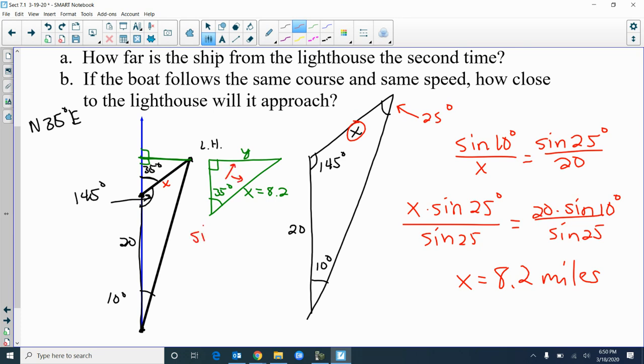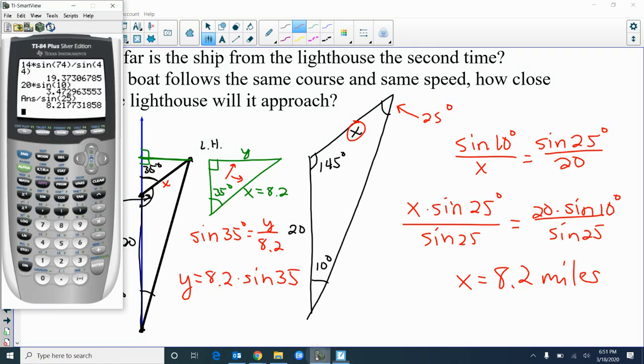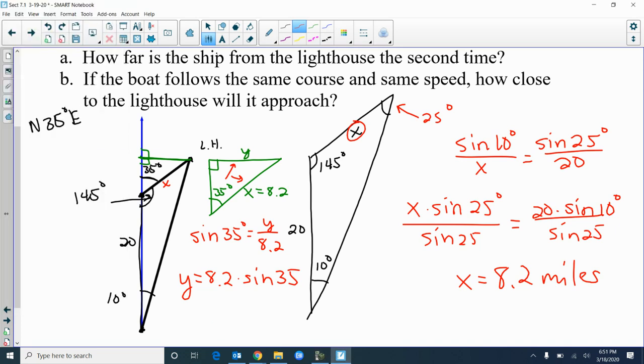So the sine of 35 degrees equals opposite, which is y, over hypotenuse, which is 8.2. So y is going to equal 8.2 times sine of 35, and I end up with 4.7.